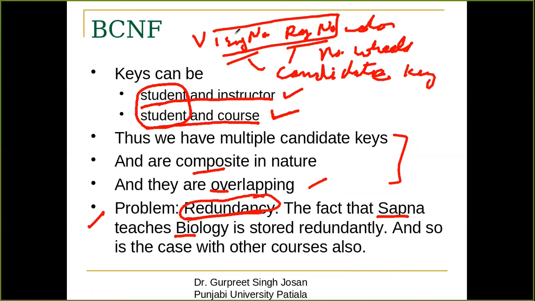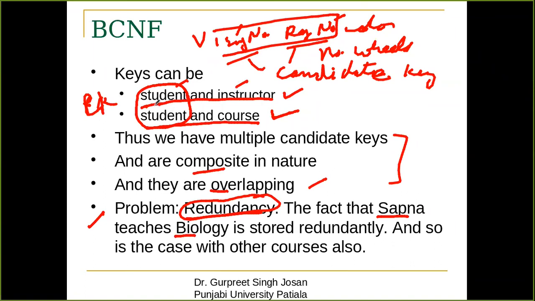But engine number is alone, registration number is also alone. So it is not composite in nature. It is atomic in nature. That means only a single attribute is there, which is capable of identifying any row uniquely. But in this case, we have two attributes as a candidate key at least.